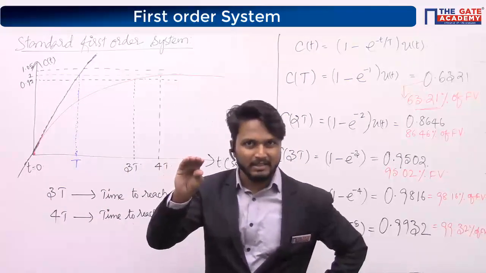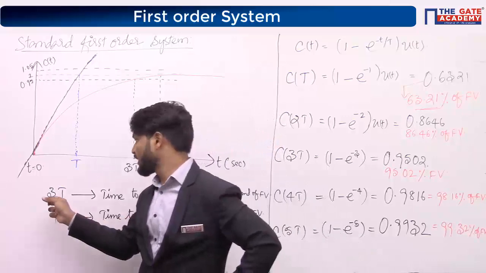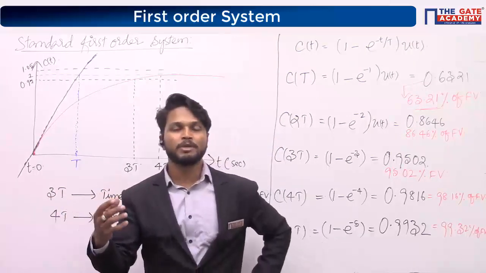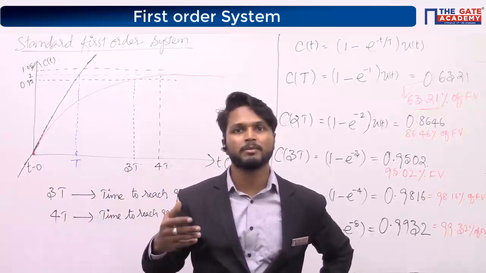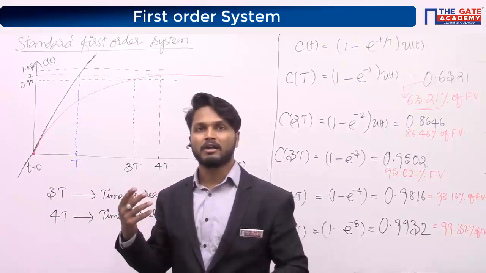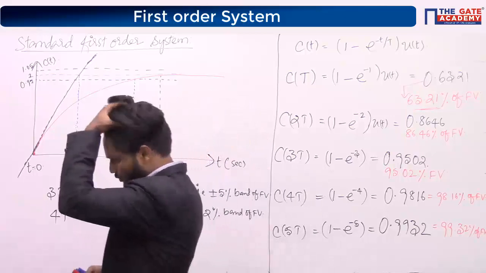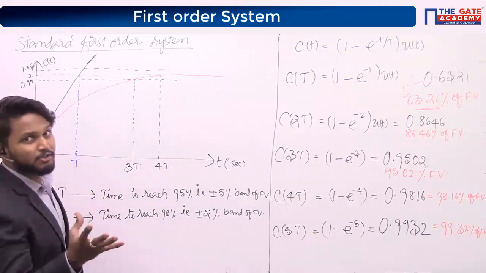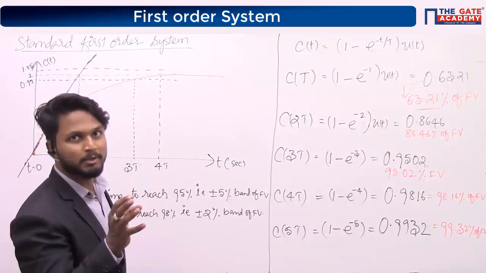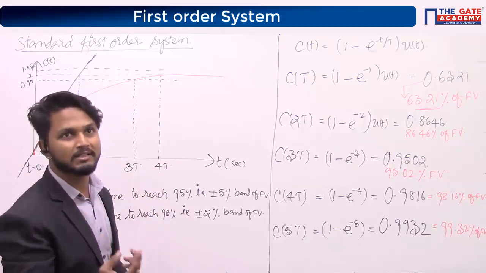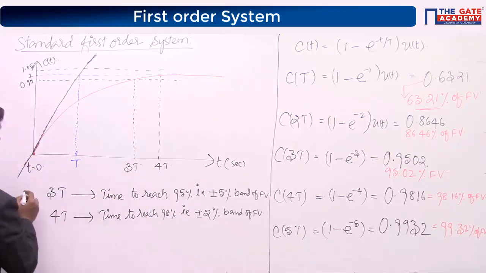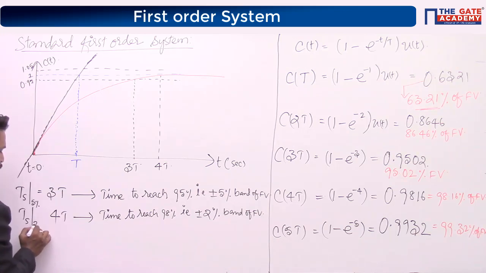If 5% error is acceptable, we consider 3 times the time constant as settling time. If 5% error is not acceptable and only 2% error is acceptable, then we consider 4 times the time constant as our settling time. So we call it Ts, settling time: for the 5% tolerance band it is equal to 3 times the time constant, and for the 2% tolerance band it is equal to 4 times the time constant.